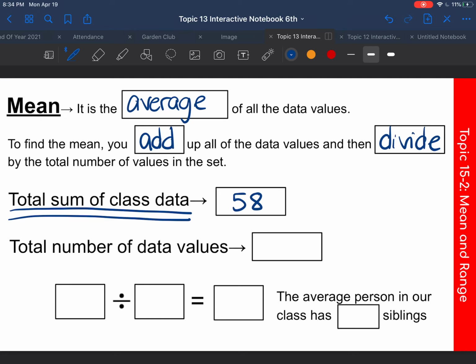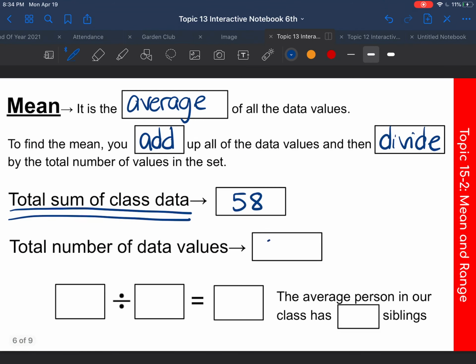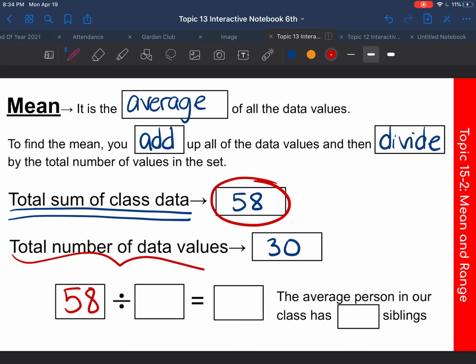And then the total number of data values that we have, well, it's 1, 2, 3, 4, 5, 6, 7, 8, 8, 16, 24, 25, 26, 27, 28, 29, 30. So we have 30 total data values. So what we do, we take the sum of the data values, which is 58, and then we divide it by the total number of values we have, which is 30.